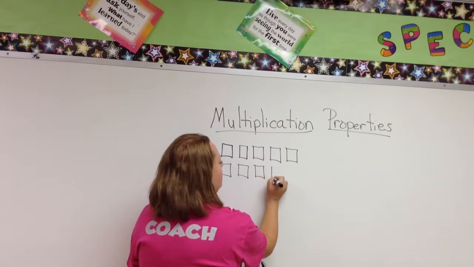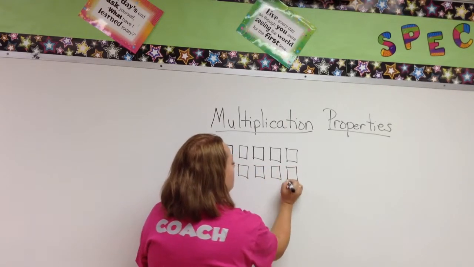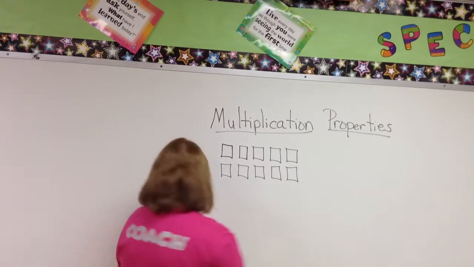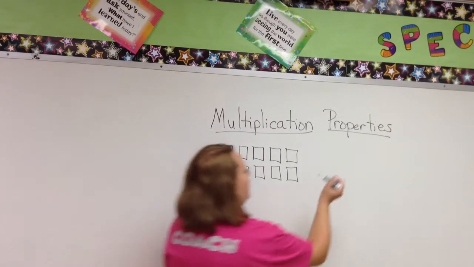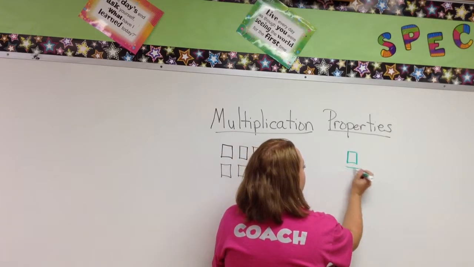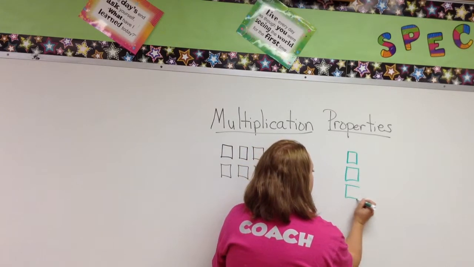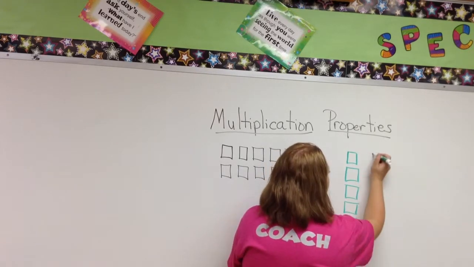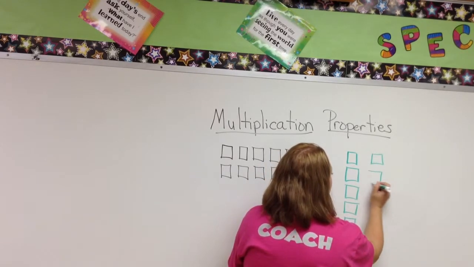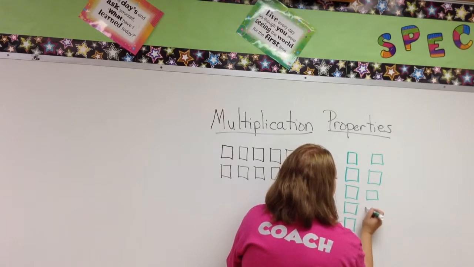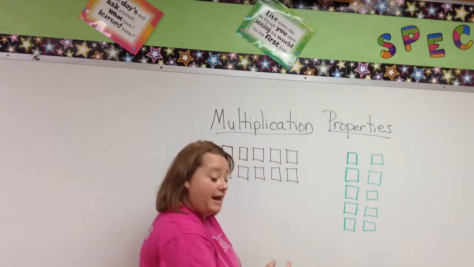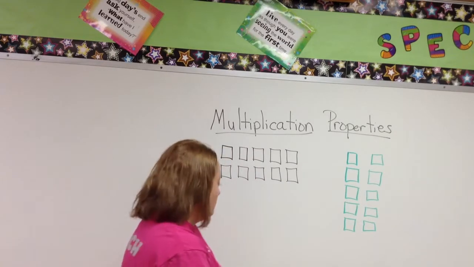When you're done, you may have a picture that looks like this, or you may have a picture that looks like this. Either way, I have a total of 10 squares.